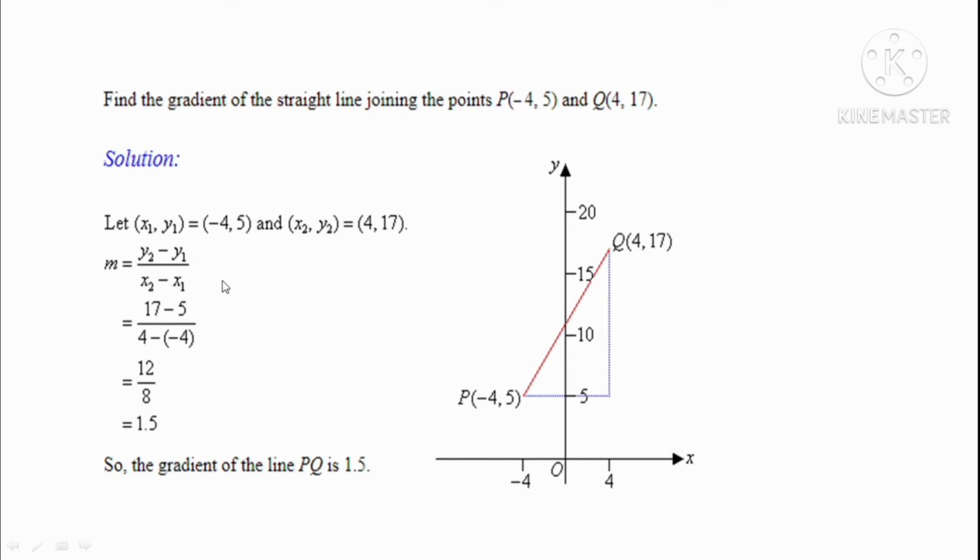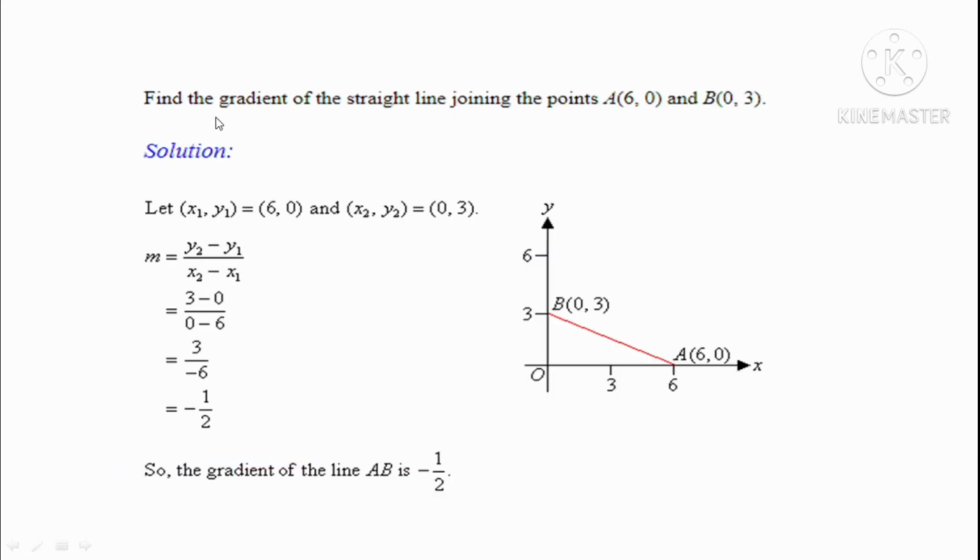I believe that you have learned gradient, right? It is so easy because you refer to the coordinates, which have crossed the y-axis and x-axis. So for this question, the gradient of the line PQ is 1.5.